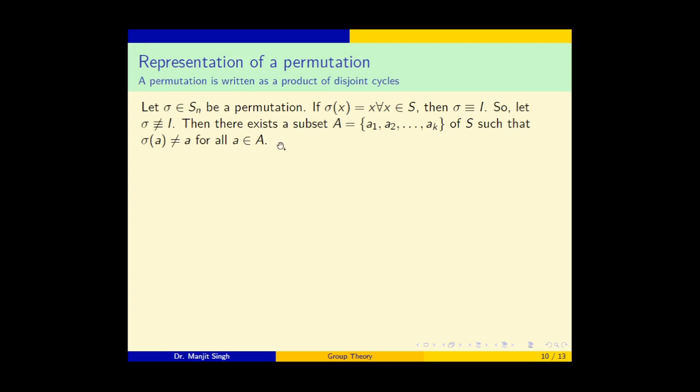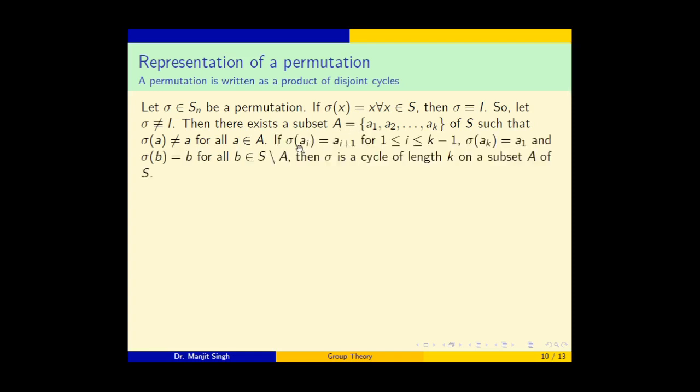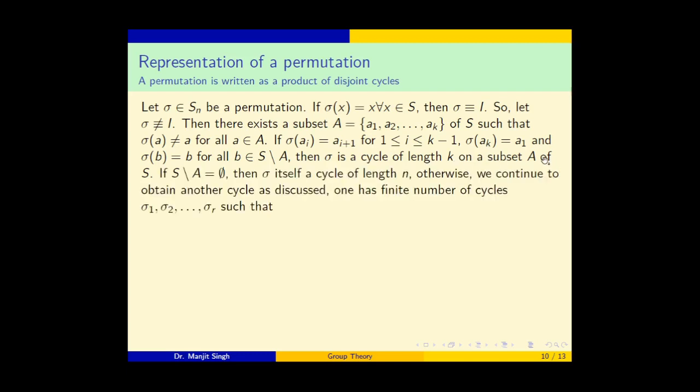So this can be assumed for a subset also. If sigma(ai) equals ai+1, then in this situation sigma is a cycle of length k on the set A of S. If the difference set S minus A is empty, then as we have previously discussed, sigma itself is a cycle of length n.